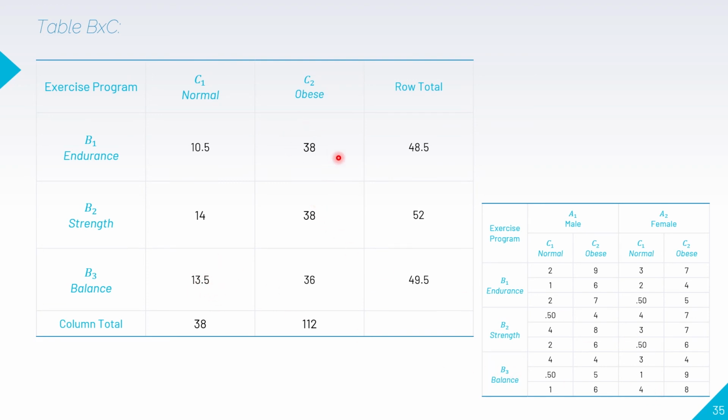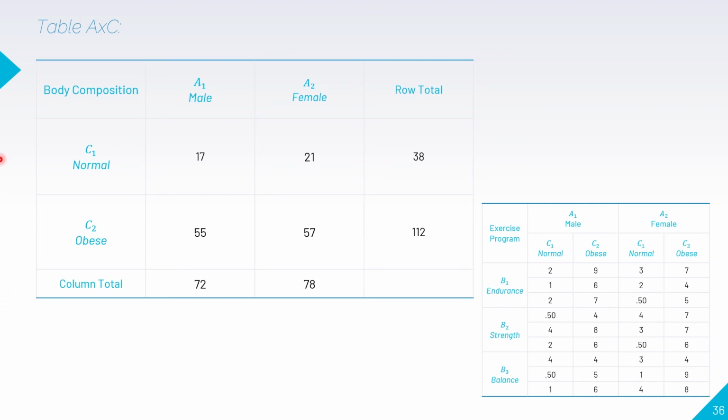Same with the obese. Add that one and that one, this 3, and this 3. We have 38. Add this 4.456 and 4.998, and we have this 36. Add this to have the column total, the 38 and the 112. So in row total, we have 48.5, 52, and 49.5.